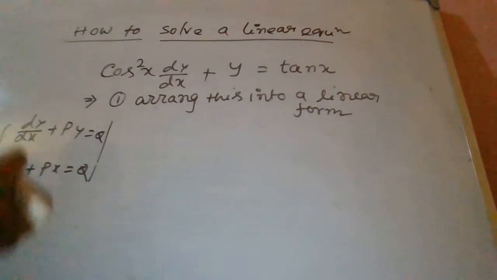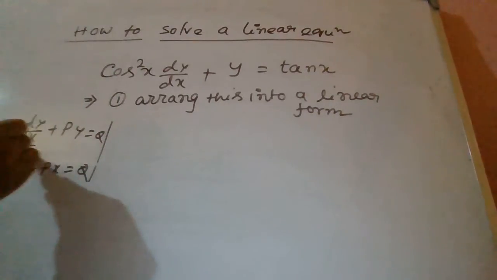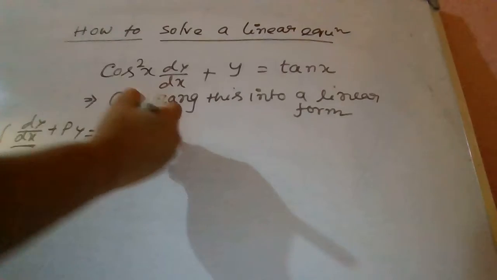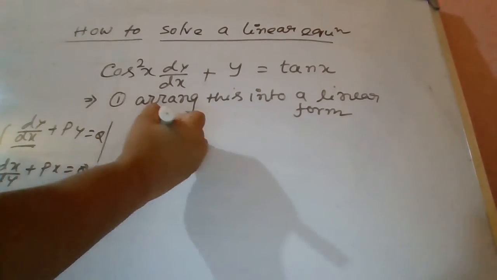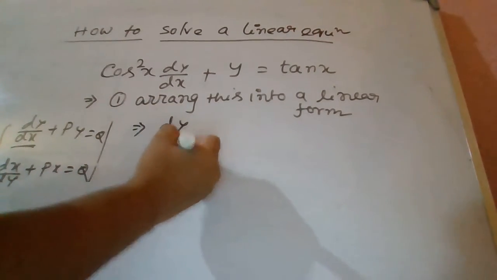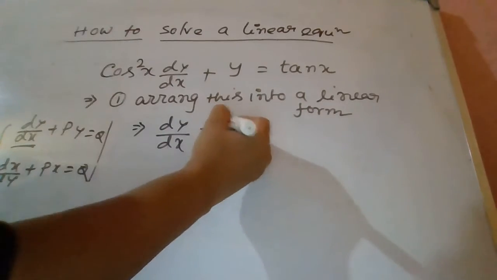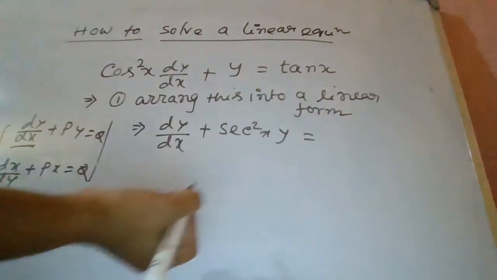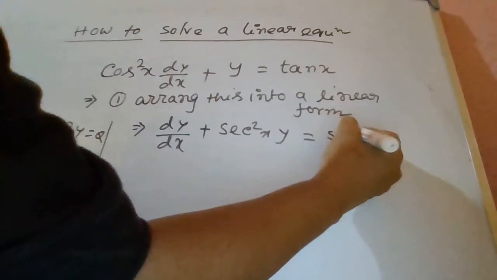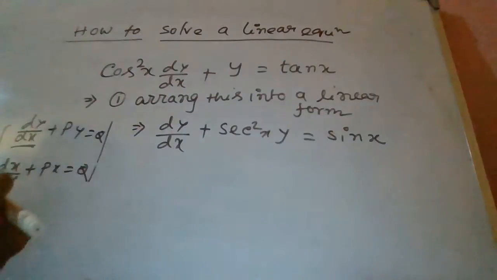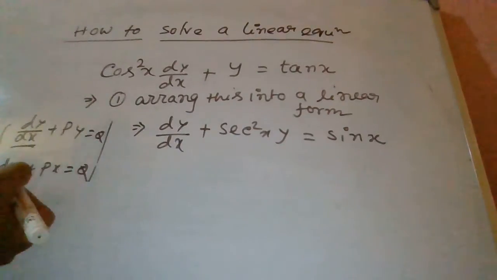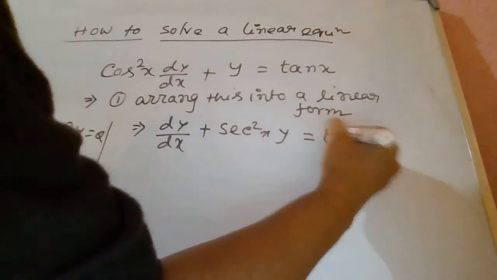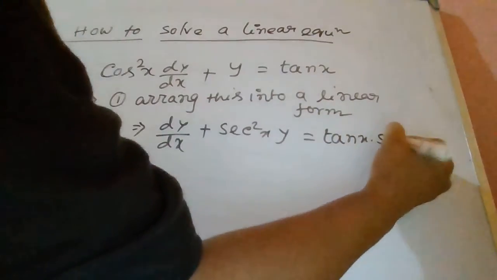Since dy/dx is alone, we divide both sides by cos square x. Dividing by cos square x, we have dy/dx plus y by cos square x, which is sec square x times y, equals tan x by cos square x, which is tan x into sec square x.